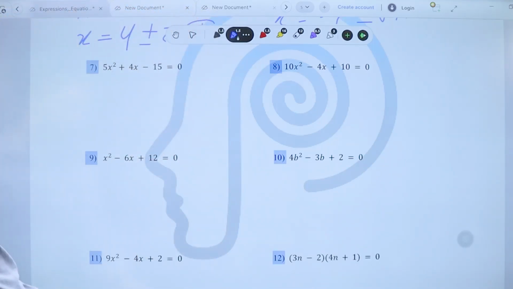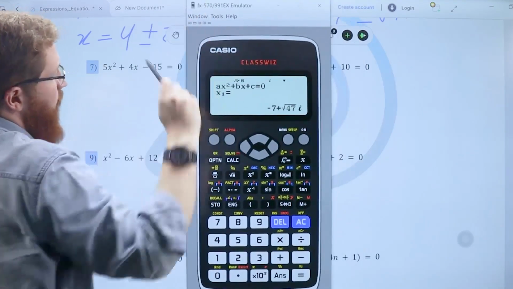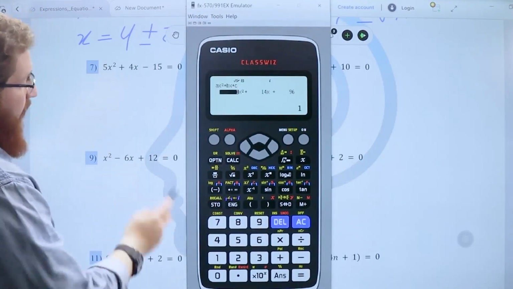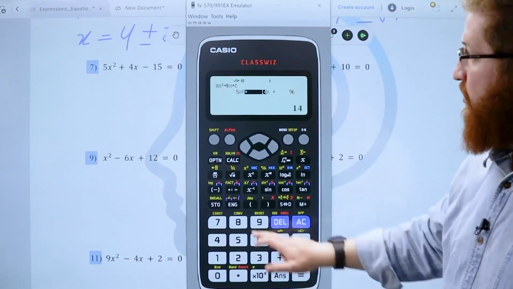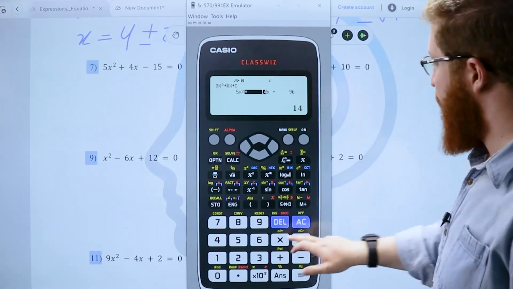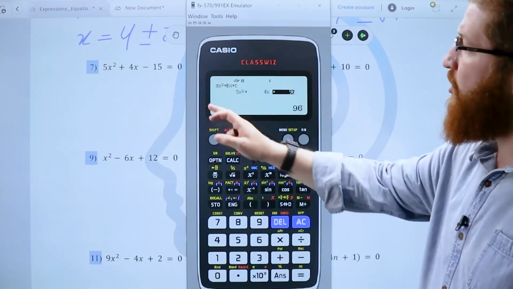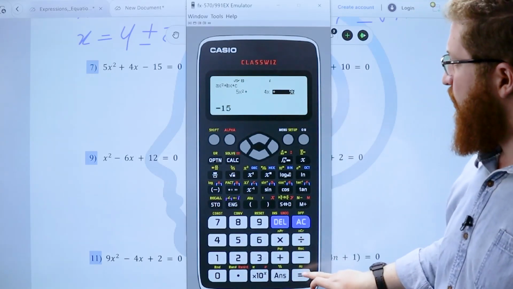Okay, let's continue. This one, okay, let's do it. Why not? The coefficient of x squared is 5, the coefficient of x is 4, the constant is minus 15, equals.